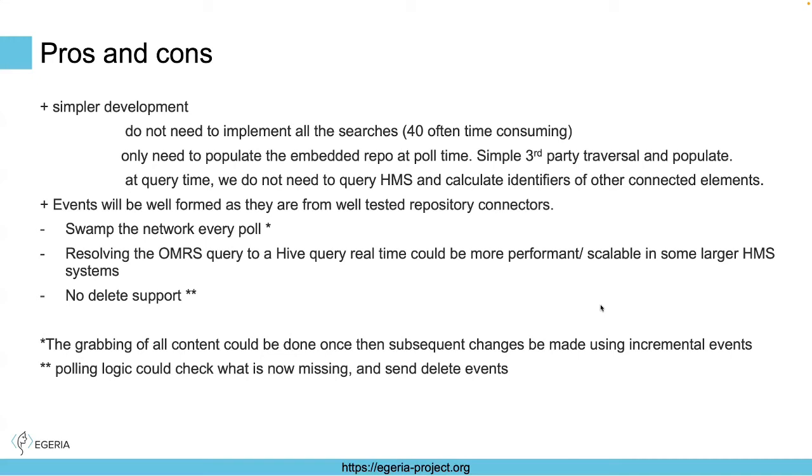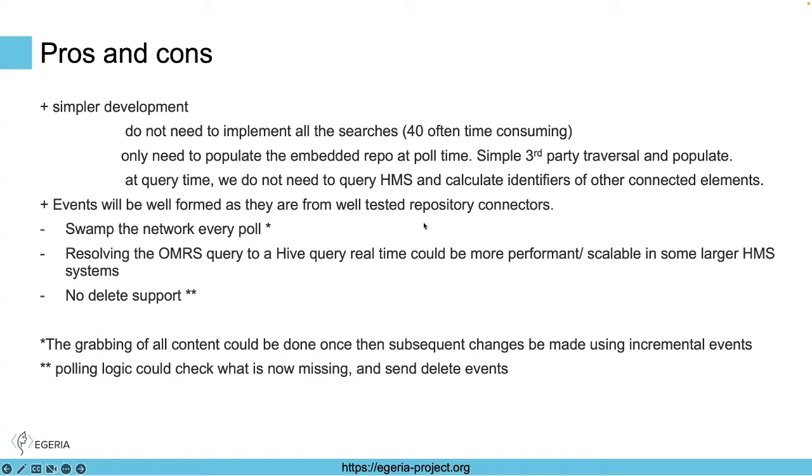That can be good or bad, but you can go down from the top, from the database and catalog that you want, grab all the tables, grab all the columns, and it's a simple way of coding that. So you simply traverse down the third-party technology. You don't need to work out the context of any particular element that might have changed, because we're going down from the top to get all of it.